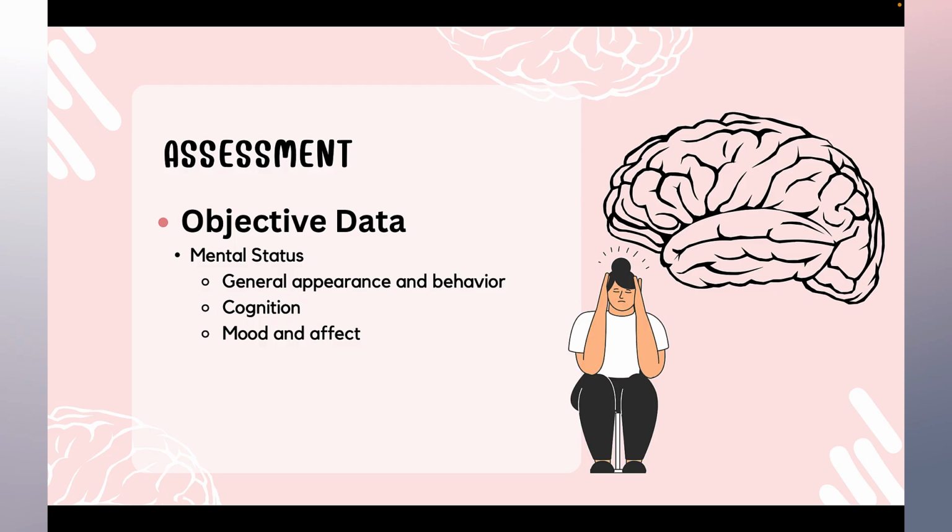And if they're unable to repeat them or have difficulty with it, this may prompt you to do a little bit more thorough exam on their memory and their cognition. And so that could prompt you to do something known as the mini mental state exam, or the MMSE. It has a series of questions. It has a way to score it, and that can give you a little bit more detailed insight into the patient's cognition and memory.